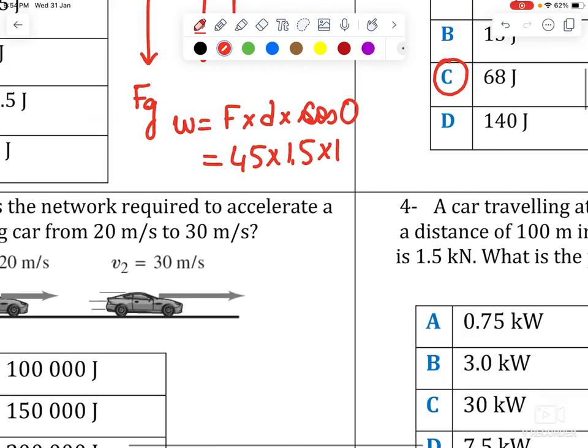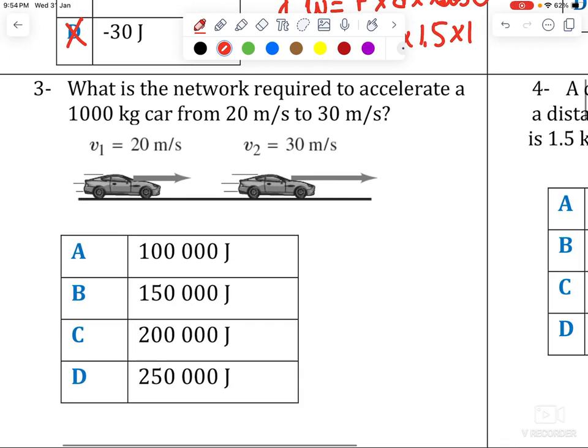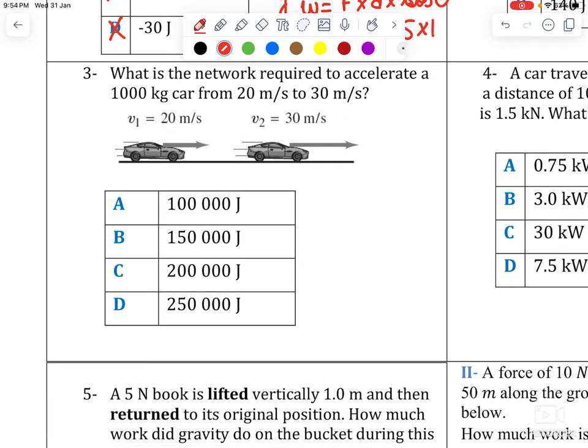Question number 3, I need to find the net work required to accelerate a 1000 kilogram car from 20 to 30. Here the work is actually the change in kinetic energy, which is the final kinetic energy minus the initial kinetic energy.